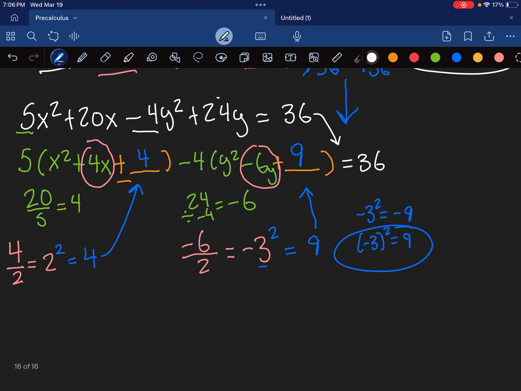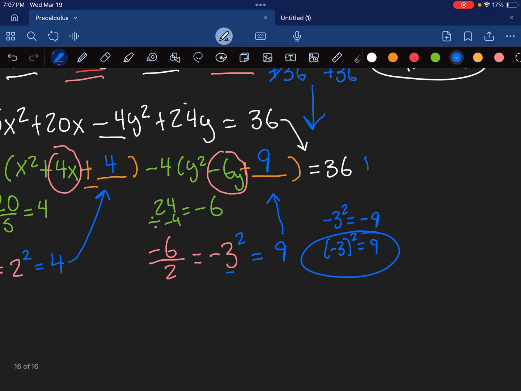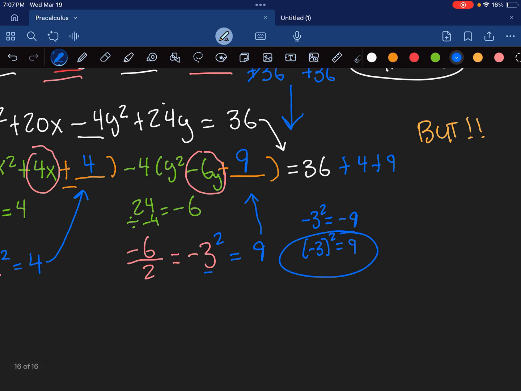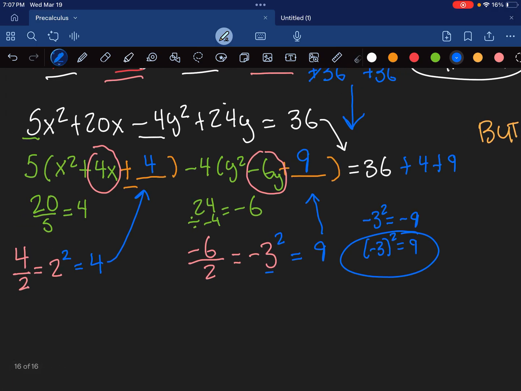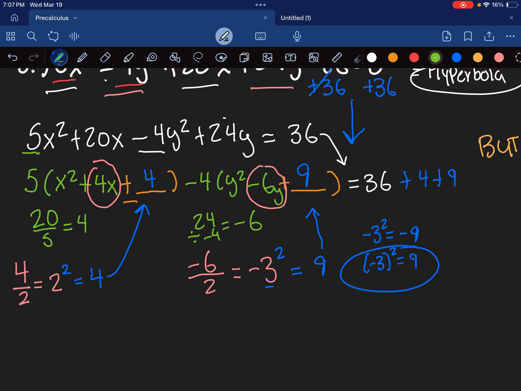Now that we got those values, what we do on one side, we want to do to the other side. So we're going to do +4 and then +9. But this is wrong. So earlier, if we look at our equation, we see that we have terms in front of the parentheses, right?